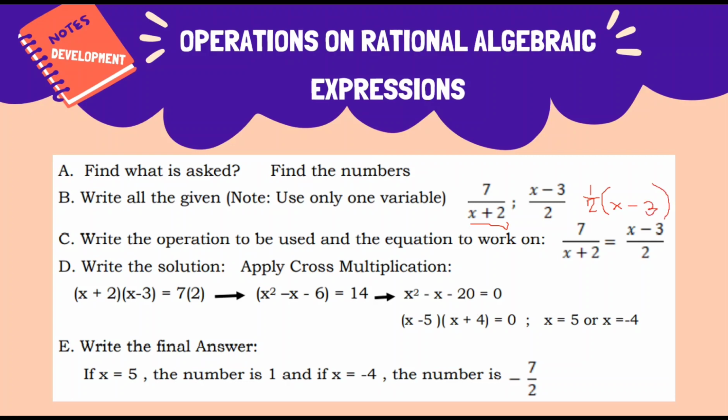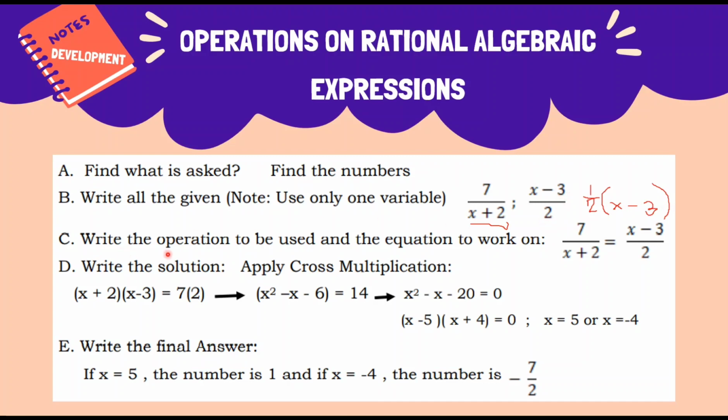So why did it become x minus 3 over 2? Kasi po, 1 times x minus 3, that is x minus 3 over 2. Diba ang sabi? Half, 1/2, the difference of the number and 3. So we can multiply 1 to x minus 3, so it becomes x minus 3 over 2.